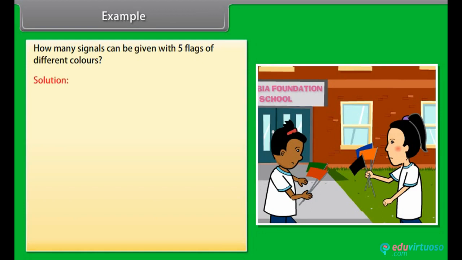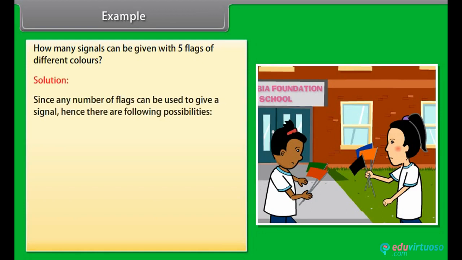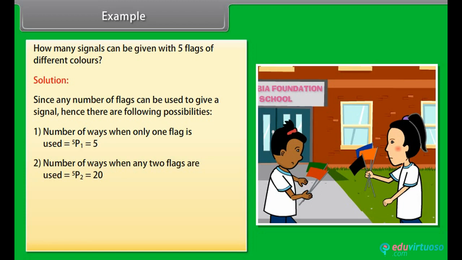Solution. Since any number of flags can be used to give a signal, there are the following possibilities. 1. Number of ways when only one flag is used is equal to 5P1 is equal to 5. 2. Number of ways when any 2 flags are used is equal to 5P2 is equal to 20. 3.